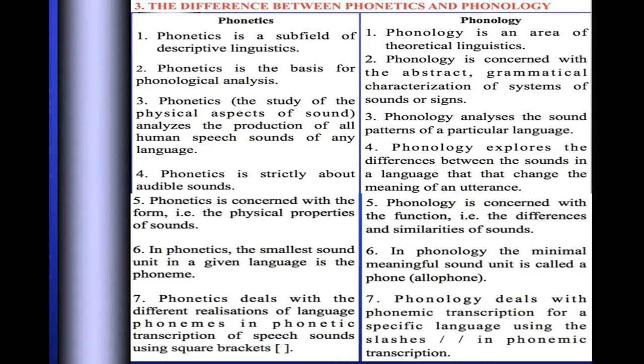Okay? Individual sound, the smallest unit, the segment, okay, in phonetics is referred to as phoneme. While in phonology, the minimal meaningful sound unit is called a phone or allophone. Phone or allophone.